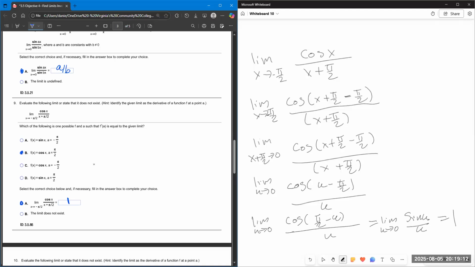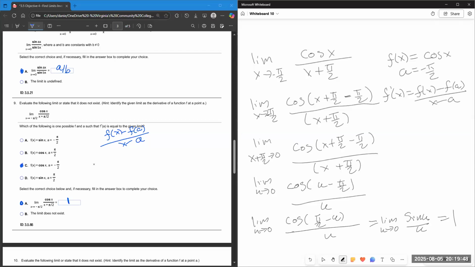If f of x is equal to cosine of x, and this is in the form of f of x minus f of a over x minus a, where a is equal to negative pi over 2, then remember that definition: f prime of a is equal to the limit as x approaches a of f of x minus f of a over x minus a.